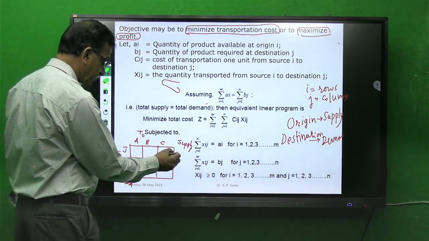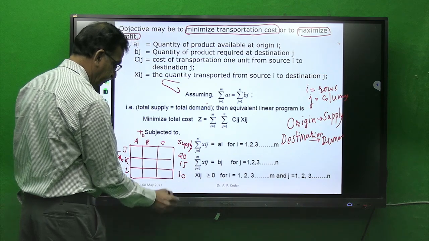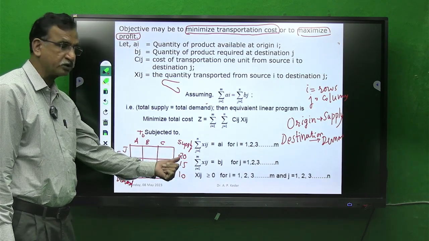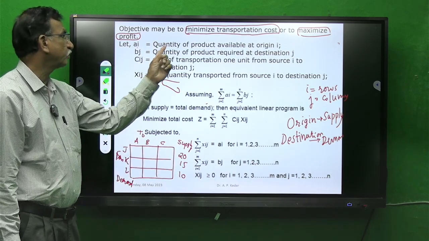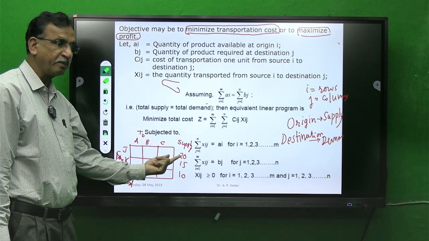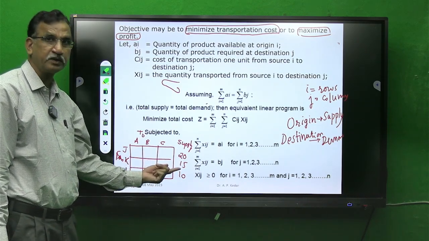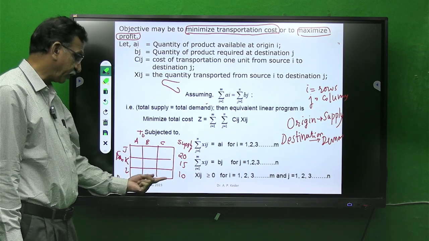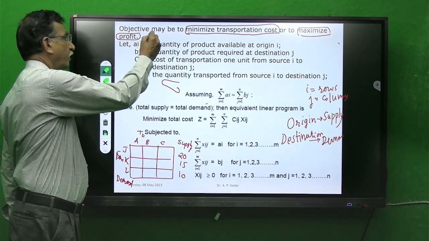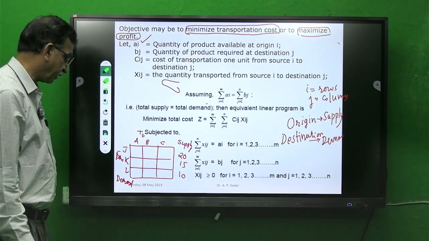Now here suppose I write 20, 15, 10 like this. So the meaning is from J maximum supply is 20 units. So that is the given quantity of product available at origin i. So at J maximum availability is 20 units. At K maximum availability is 15 units. At L maximum availability is 10 units. That is the meaning of this particular a_i. b_j is the quantity of product required, demand.